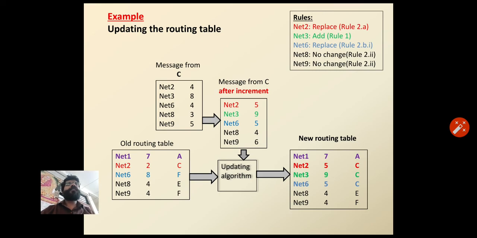Net 9 4, net 9 6, this is a smaller value, so we cannot change it. After applying the updating algorithm, we find the new routing table. Thank you.